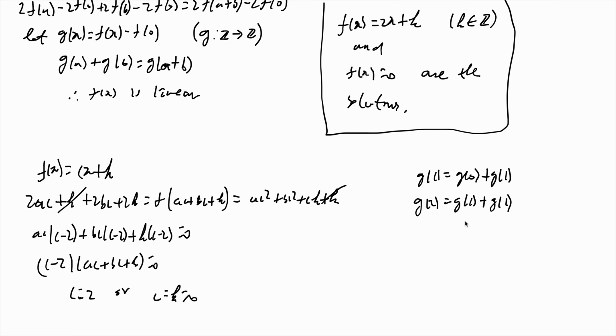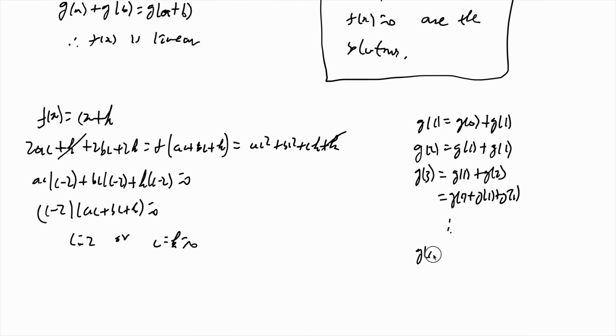This is equal to 2 times g(1), and g(3) is equal to g(1) plus g(2), and then substituting back in, we have g(1) plus g(1) plus g(1), and then so on.